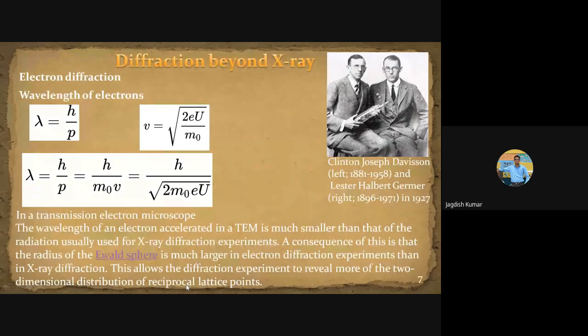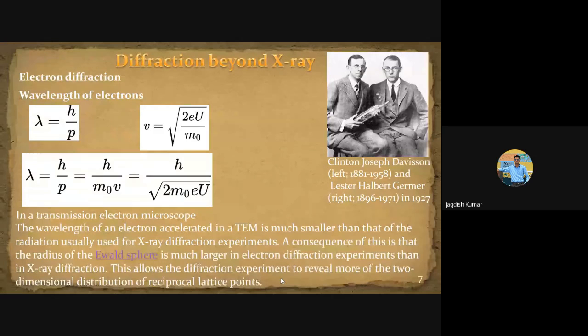More of what we were discussing in the context of that Laue pattern, right? So you have a crystal mounted in a specific orientation. Then when you take an electron beam of a very small wavelength, that can be employed to resolve the 2D pattern of the reciprocal lattice in a better fashion. Then you rotate the crystal by a certain angle, and you get further information in some other 2D plane.